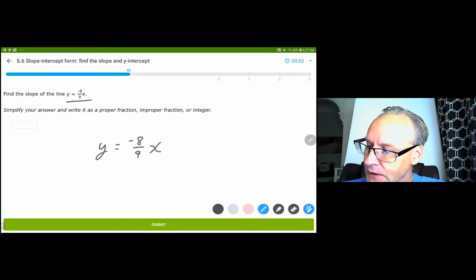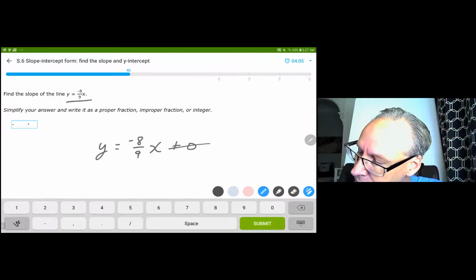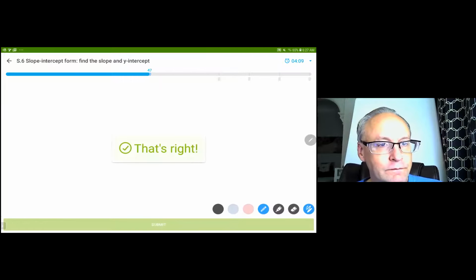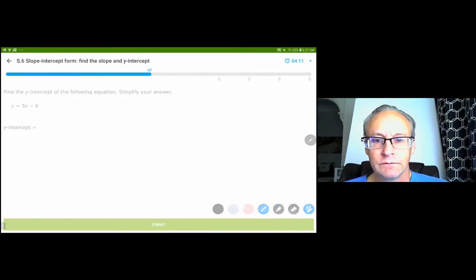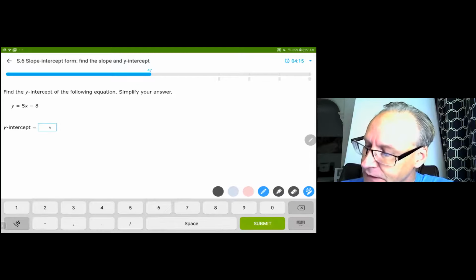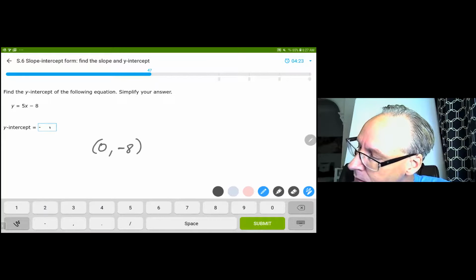Anyway, it's negative 8 over 9, and the plus 0 is assumed, okay? Anyway, negative 8 over 9 is our slope. And we want negative 8, even though really the y-intercept is this point, okay?